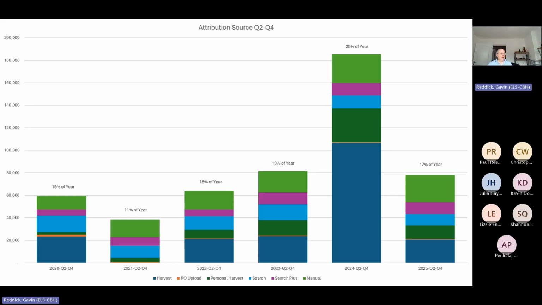But you can see a very large number of those were harvested. A smaller number were added. You can see in 2025, not quite a regression to the mean, but it's very similar to the 2023 Q2 through Q4 pattern.